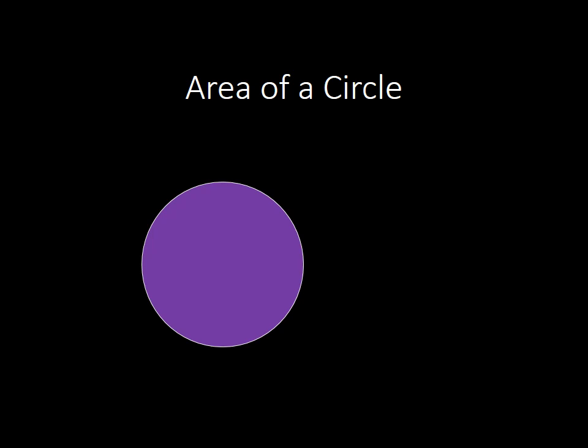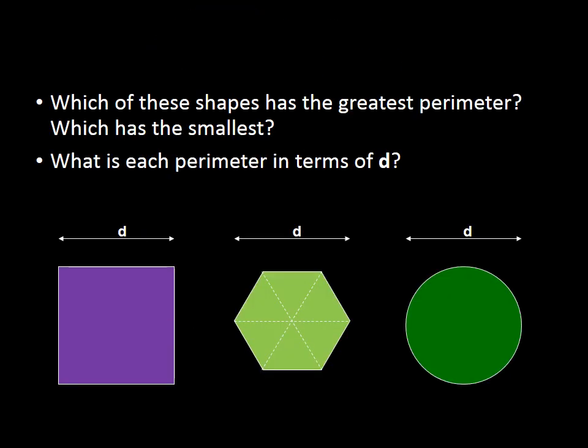Now we'll find out the area of a circle. Which of these shapes has the greatest perimeter? Which has the smallest? What is each perimeter in terms of d? You can try first.